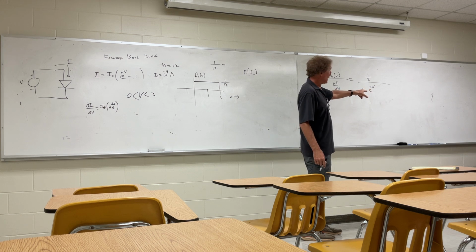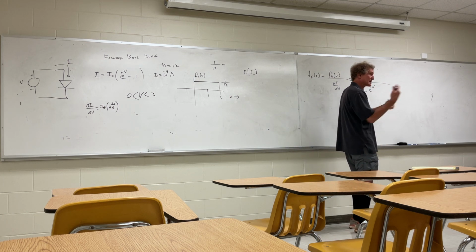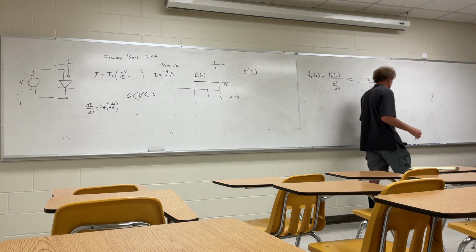Y'all agree with this? All right, now what I need to do is find what V is in terms of I, because that's what I need to plug in. And I'm going to bring it over here.